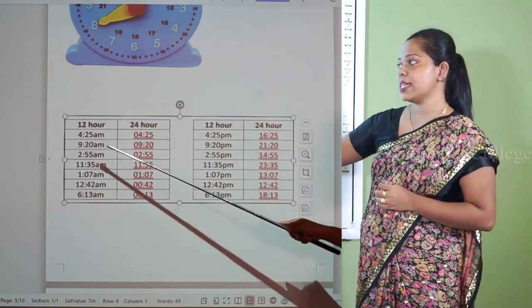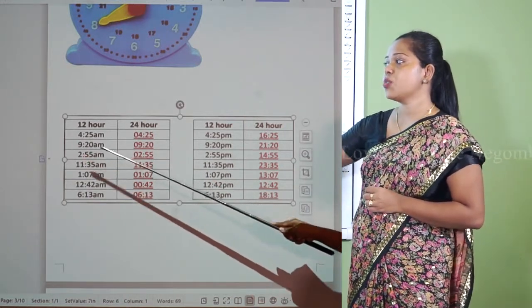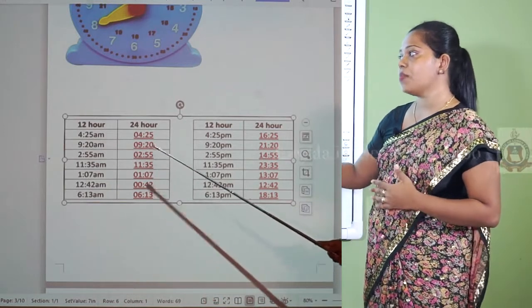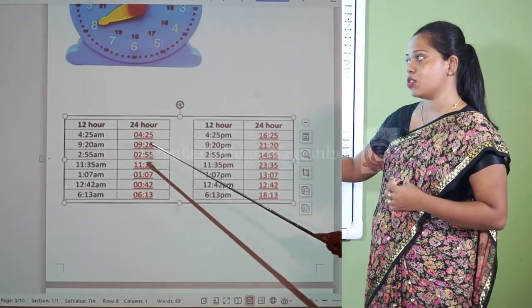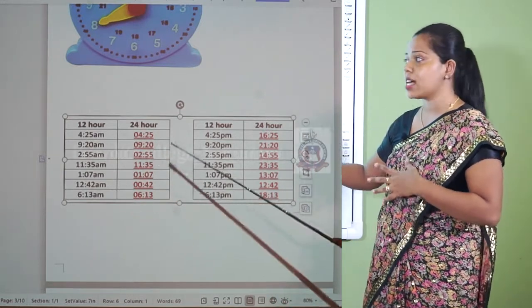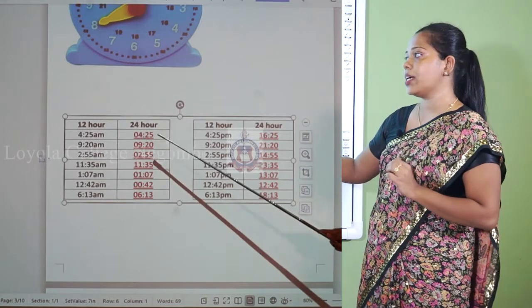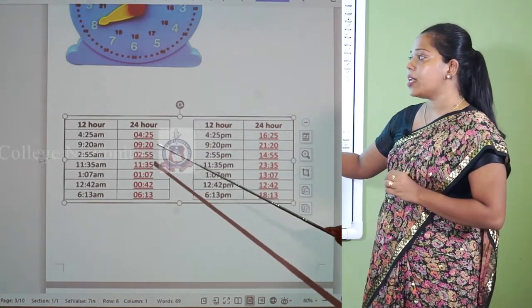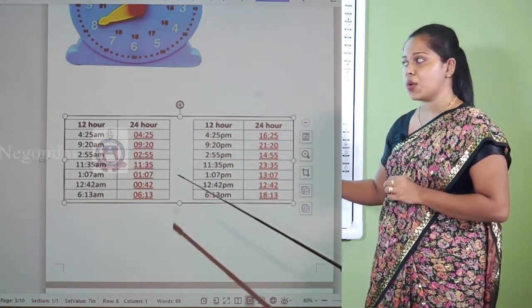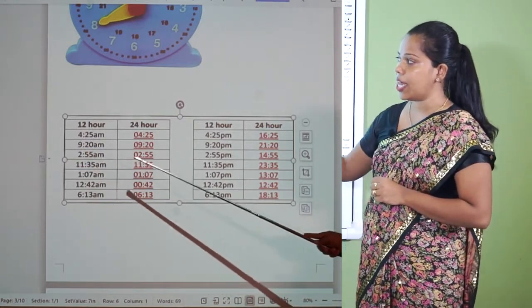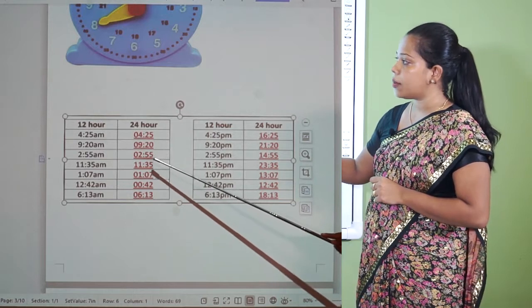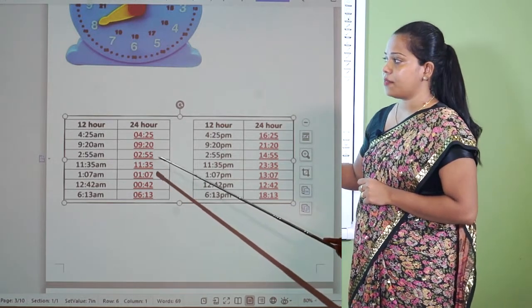We'll move to the next example also. It's 9:20 AM. So what we have to do? Yes, we must add 0 here because we must write that time using 4 digits. So it's 09 double dot 20. Likewise, I have given you more examples. 2:55 AM is 02 double dot 55.